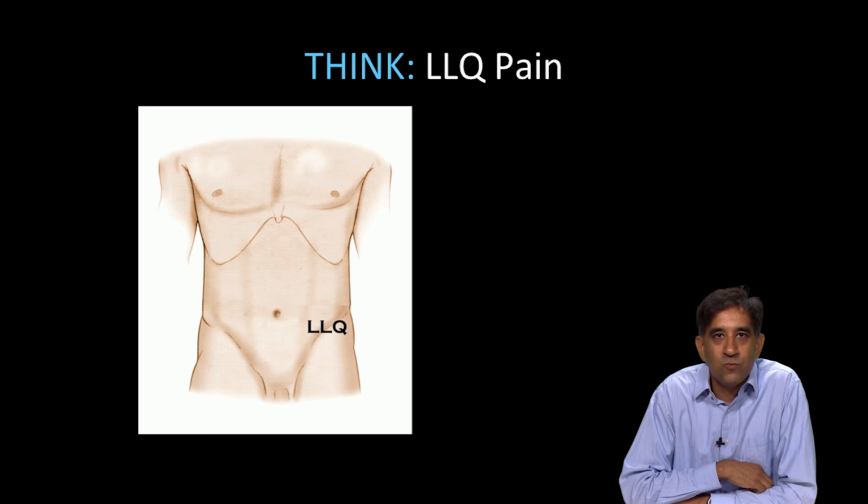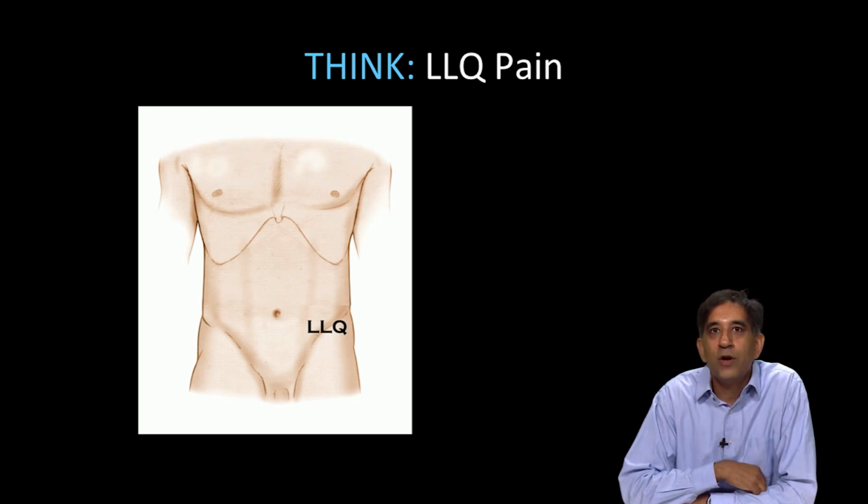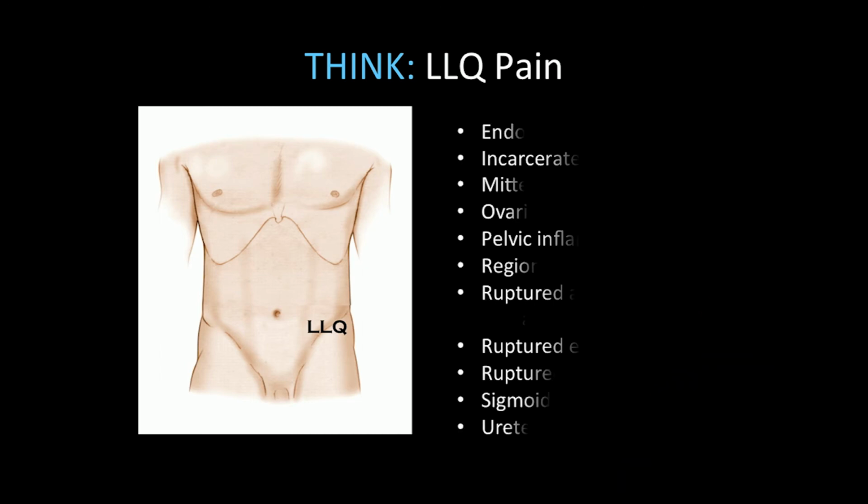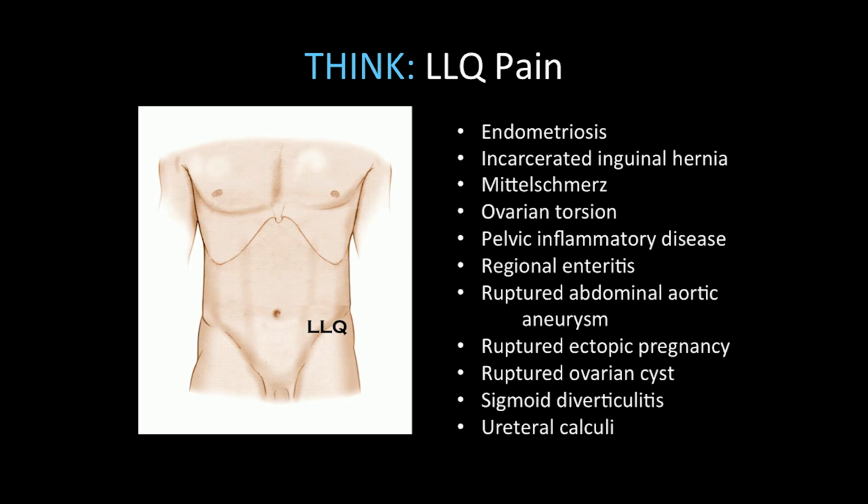So in our patient with left lower quadrant pain, as we think about the differential diagnosis, what are the things that we are worried about? Here is a list of different disease entities that can cause pain in the left lower quadrant in a young woman.